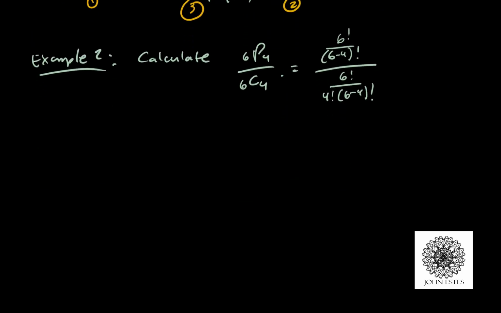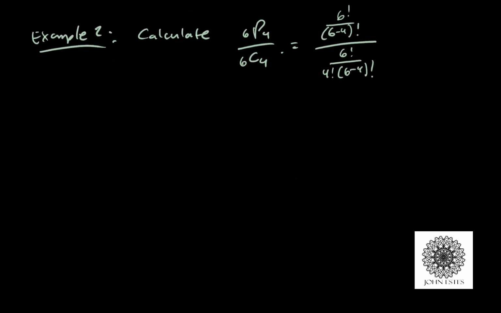Now if you just try to plug this into a calculator, you may get frustrated because these factorials are big numbers, generally speaking, even for small values. So I'm going to remember that dividing by a fraction is the same as multiplying by its reciprocal. You got to keep that in mind. So I have this fraction up top, and 6 minus 4 is 2, so I have 6 factorial over 2 factorial times this fraction down here in the denominator.